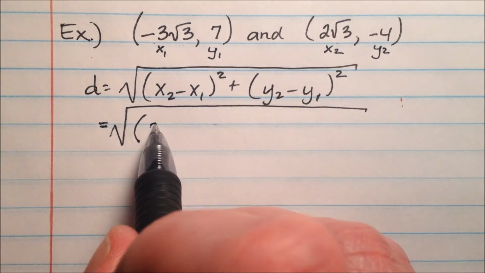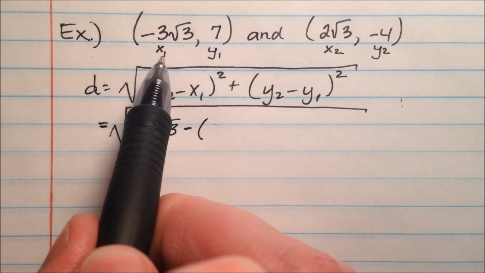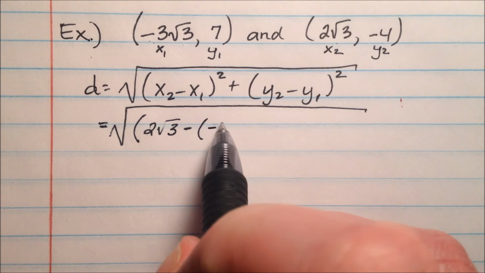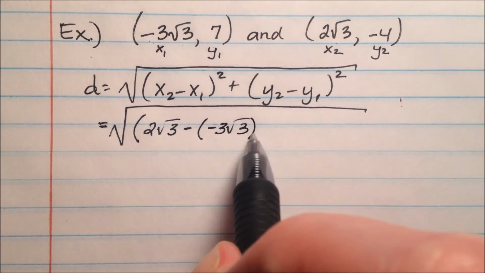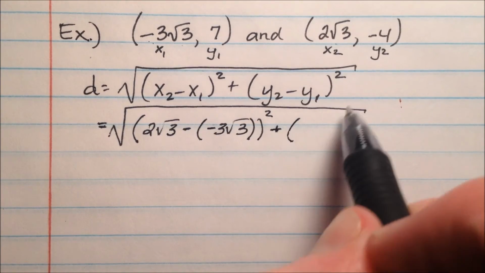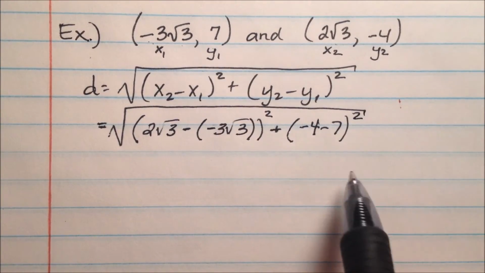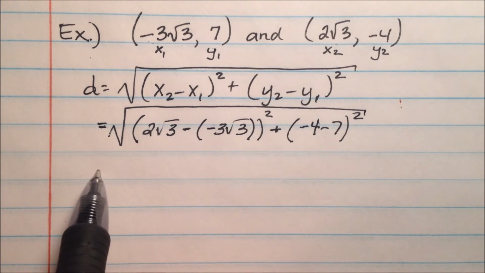So our x2 will be 2 radical 3, and we're going to subtract x1, which is negative 3 radical 3, and that's going to be quantity squared. We're going to add that with y2, which is negative 4, minus y1, which is 7, and that's going to be quantity squared.